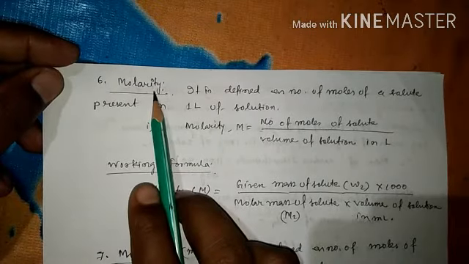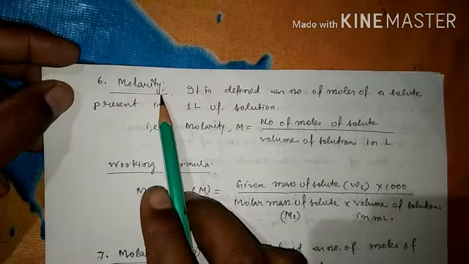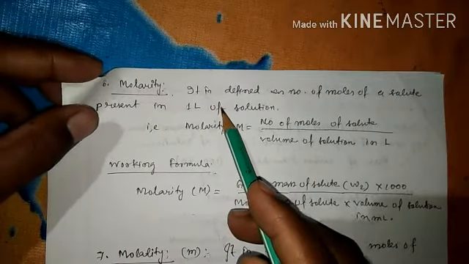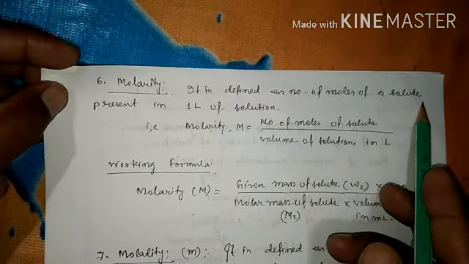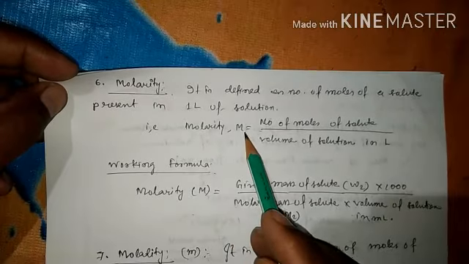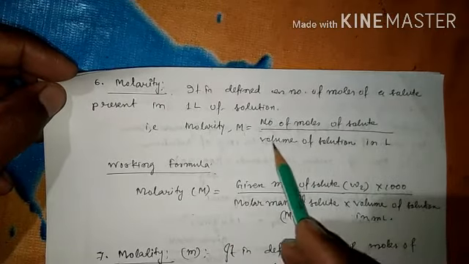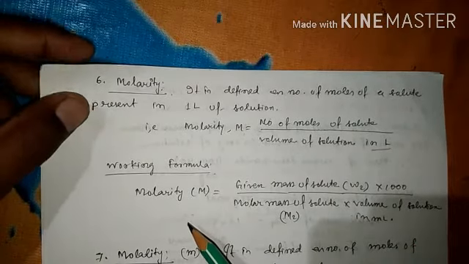Molality is in 1 kg of the solvent. Molarity is defined as the number of moles of solute present in 1 liter of solution. Therefore, molarity, capital M, is the number of moles of solute divided by the volume of the solution in 1 liter.